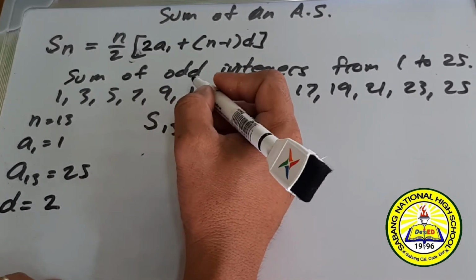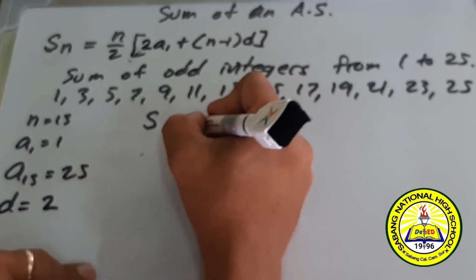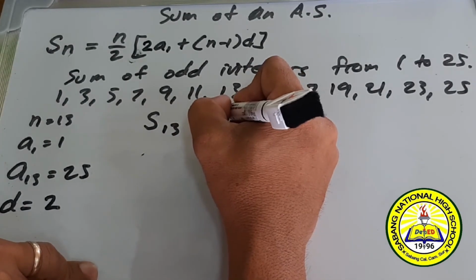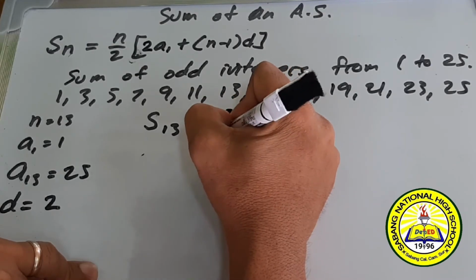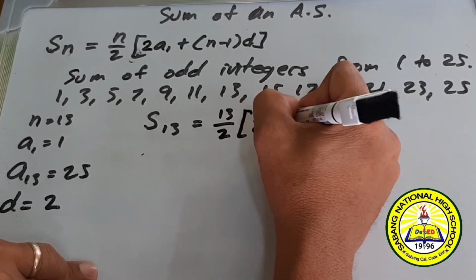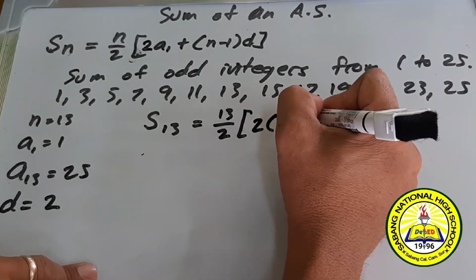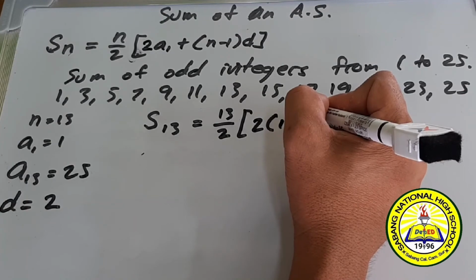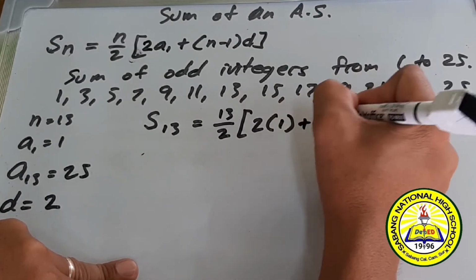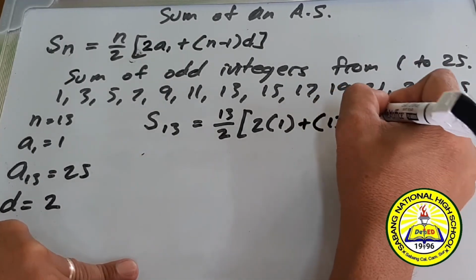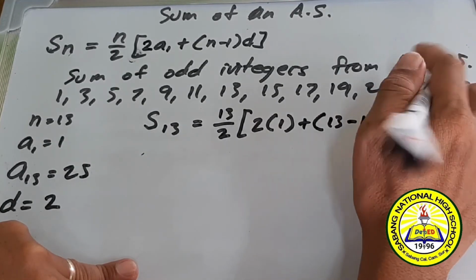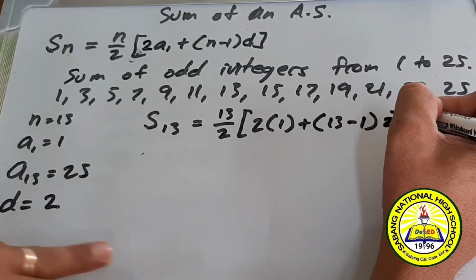So S sub 13 is equal to n over 2, 13 over 2, times the quantity of 2 times a sub 1, which is 1, plus n, 13 minus 1, times the common difference, which is 2, close bracket.